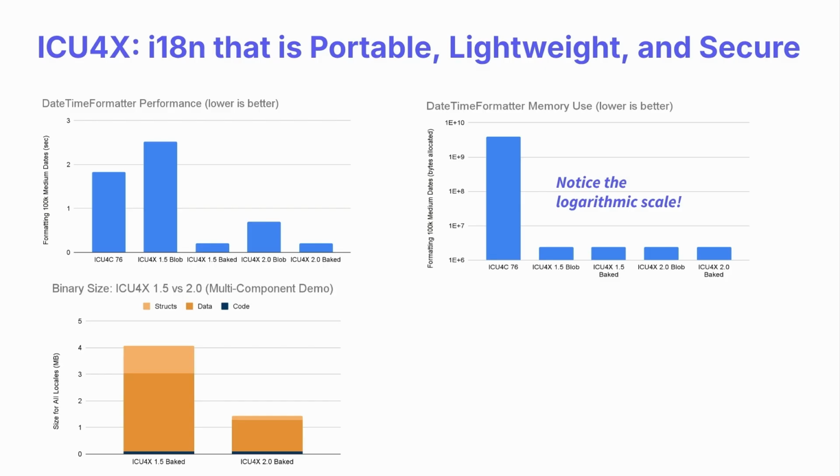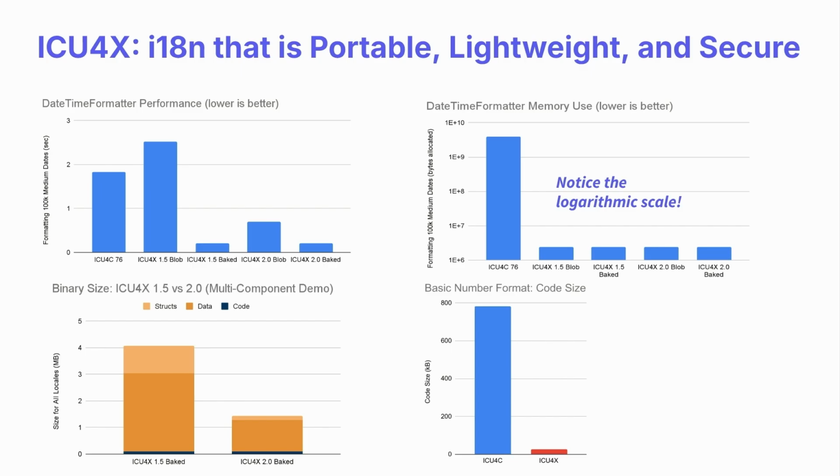This is binary size. The way that ICU4X is designed, it means that we build into your program only the things that you use. You pay for what you use and not for what you don't use. And because of this, we're able to achieve much smaller binary size. ICU4X 1.5 was already very strong in binary size, and 2.0 made it even better.